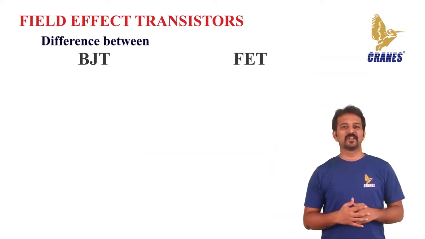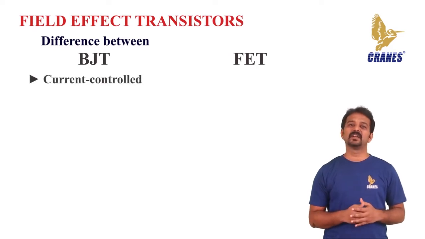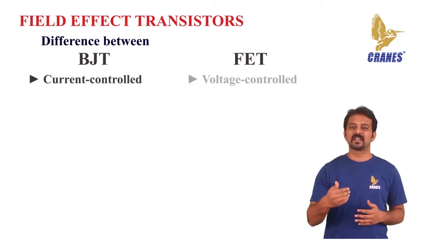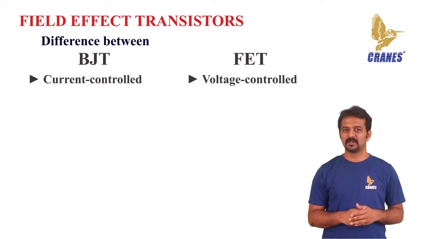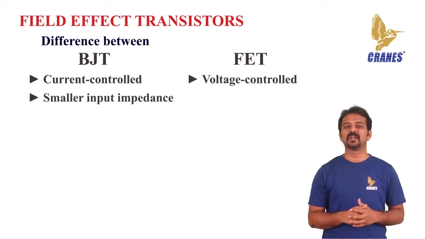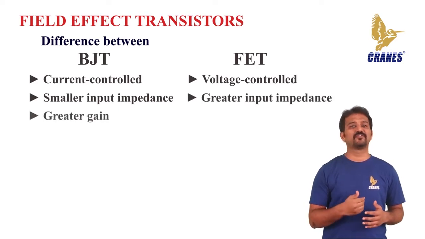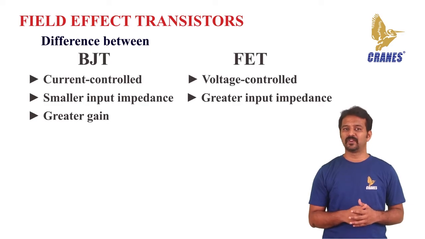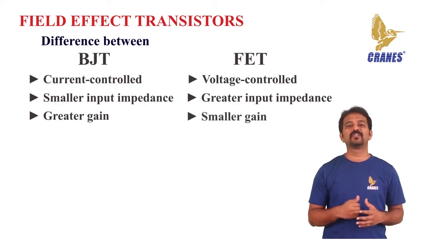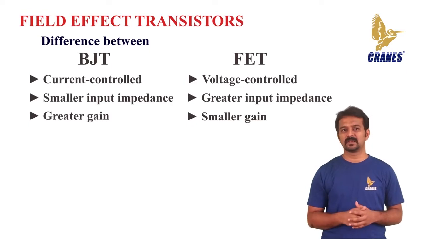Let's now look at the difference between the BJT and the FET. BJTs are current controlled, whereas FETs are voltage controlled. BJTs offer smaller input impedance; FETs offer greater input impedance than BJTs. BJTs offer greater gain at the output than FETs. The gain of the FETs is smaller than that of the BJTs.